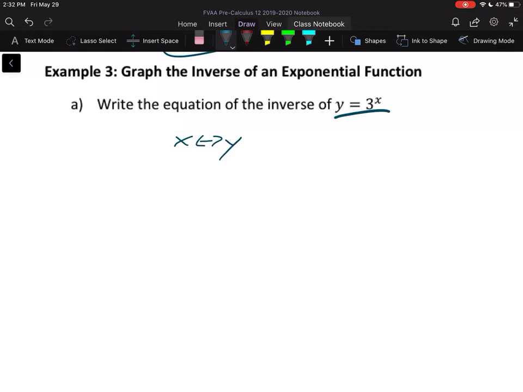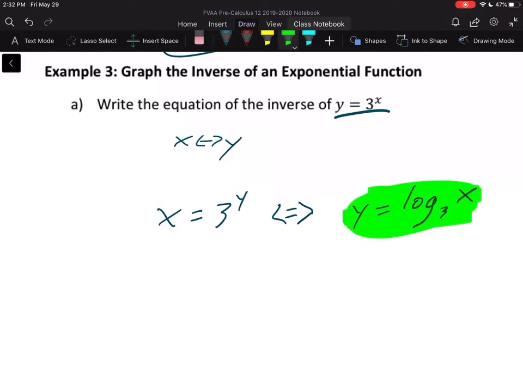So here you can write this equation as x is equal to 3 to the y, which could also be written in logarithmic form as y is equal to log base 3 of x, so that we're back with a y equals equation from the inverse exponential function.